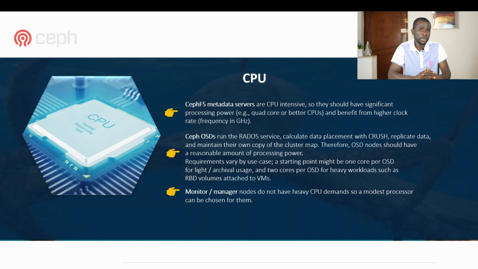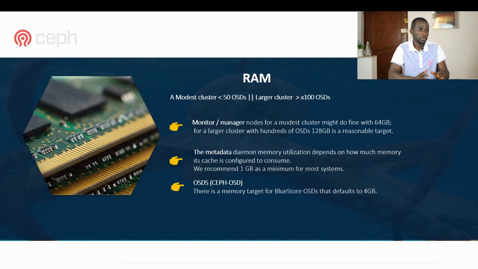Let's talk about the random access memory. Just to fix some information, you have a Ceph vocabulary. When you talk about a tiny or modest cluster, you talk about a Ceph cluster with not more than 50 OSDs inside the cluster.